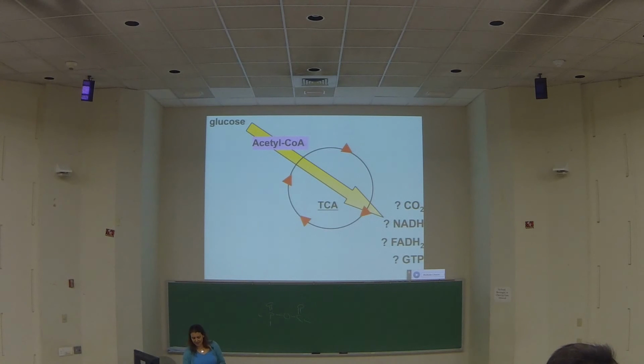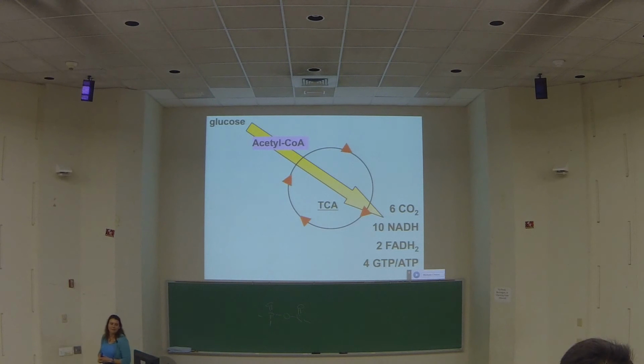Remember, we're talking about everything that happens: glycolysis, pyruvate oxidation, TCA cycle. Everything we've produced so far: 6 CO2, 10 NADH, 2 FADH2, 4 GTP or ATP.